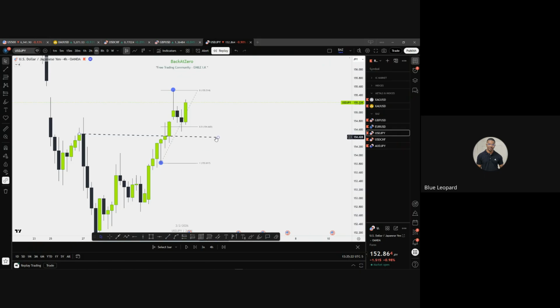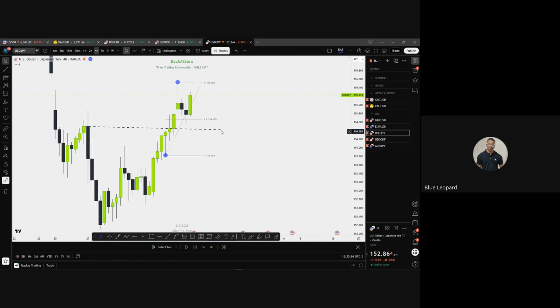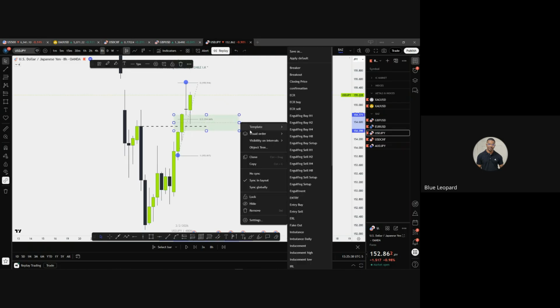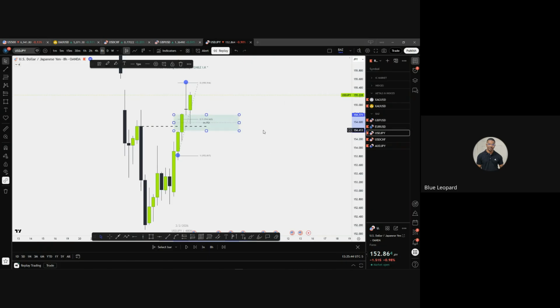You see? This is a zone of retracement. It was a resistance that became support. But also, on a higher time frame, I have a fair value gap. Fair value gap means imbalance. Imbalance for me and for you now is an internal range point of interest or internal range liquidity.